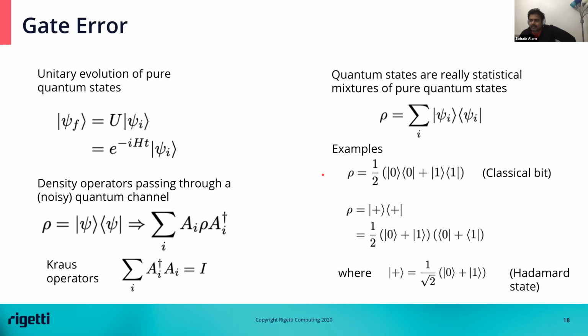So a good way to see an example of this is the following, which is a classical bit, right? I can represent a classical bit as this density operator. This is basically saying that I have a classical mixture of 0 and 1, right? On the other hand, remember that you must have by now done some sort of experiment like a quantum dice, right?